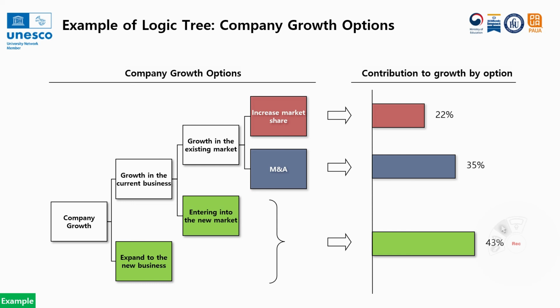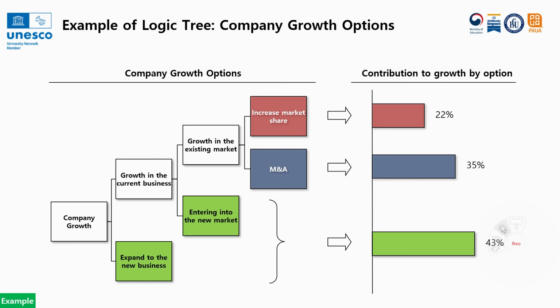So in this case, 4 different options at the same time by disaggregating the potential solutions into 4 different areas. And lesson number 2, expanding to new business and entering into the new market. Please consider this option very seriously, because based on the research, this option contributes to the growth the highest.